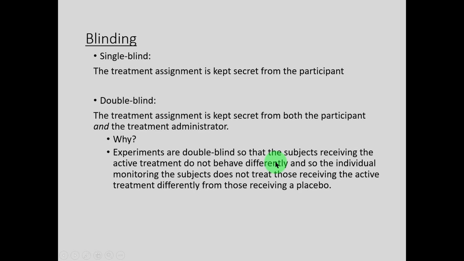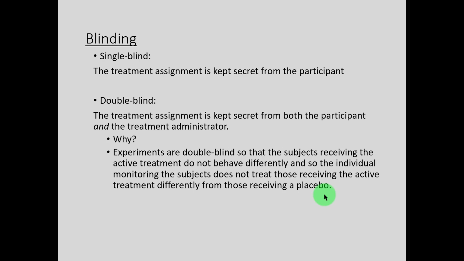So we want to minimize that, which is why the participant would be kept in the dark about what they're receiving. But all right, well, why would we want the administrator of the treatment to also be blind to what they are administering? That is so that the administrator also does not treat the participant any differently based on what type of treatment they are providing.